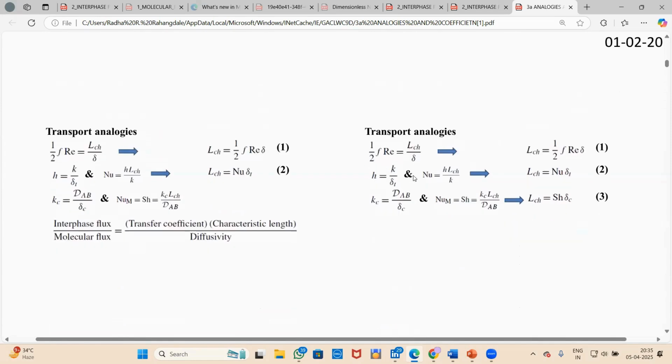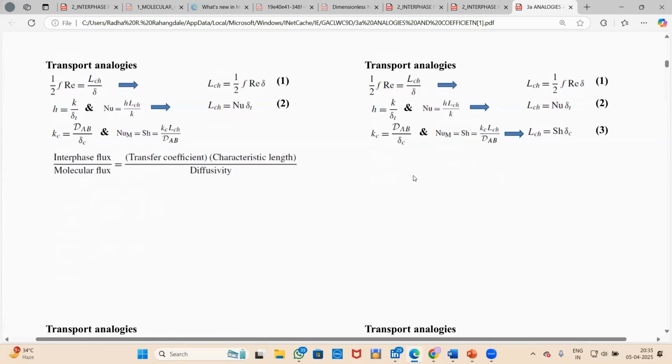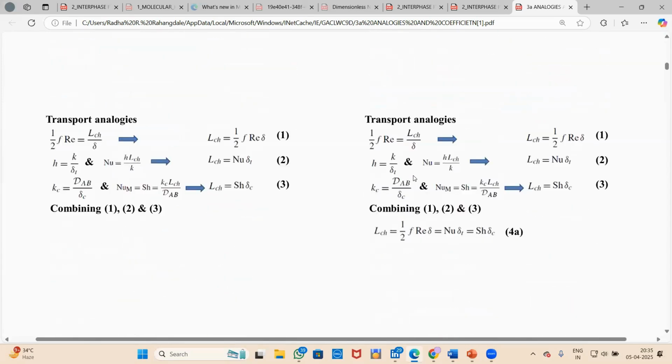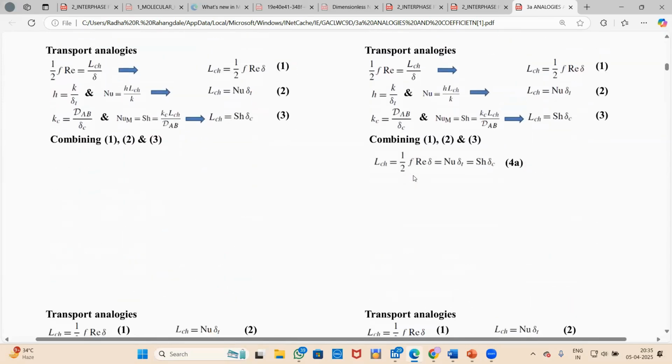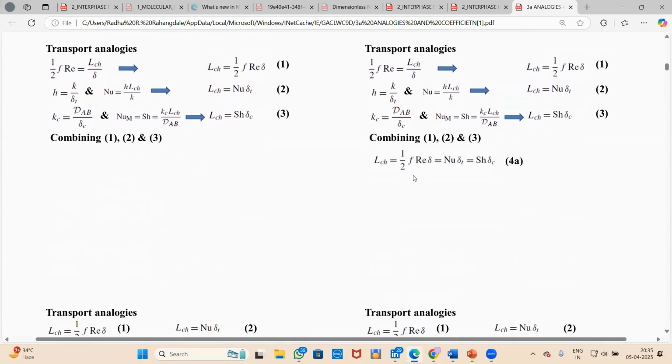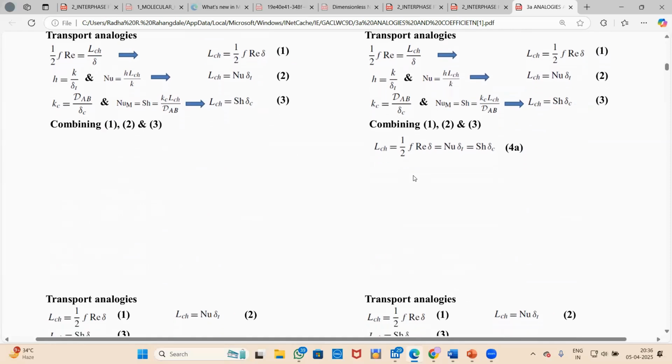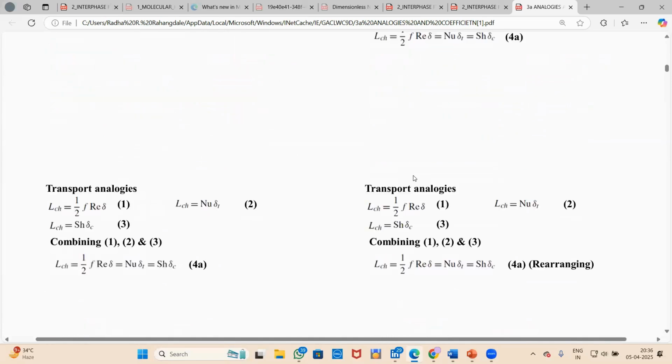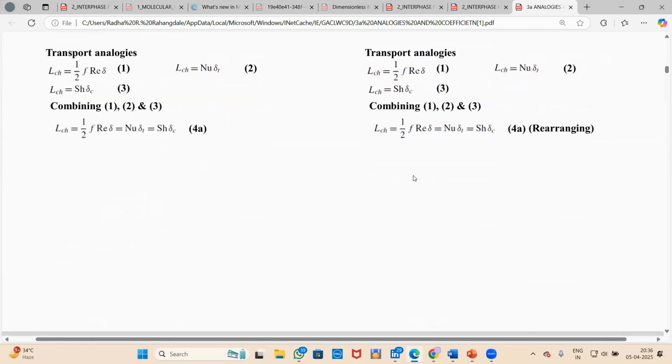So from the friction factor, we got L_CH is equal to half F Re into delta. From heat transfer, we got L_CH is equal to Nusselt number into delta_T. From mass transfer, we got L_CH is equal to Sherwood number into delta_C. On equating all three equations, we get L_CH is equal to half F Re into delta is equal to Nusselt number into delta_T is equal to Sherwood number into delta_C, which we marked as equation number 4a.